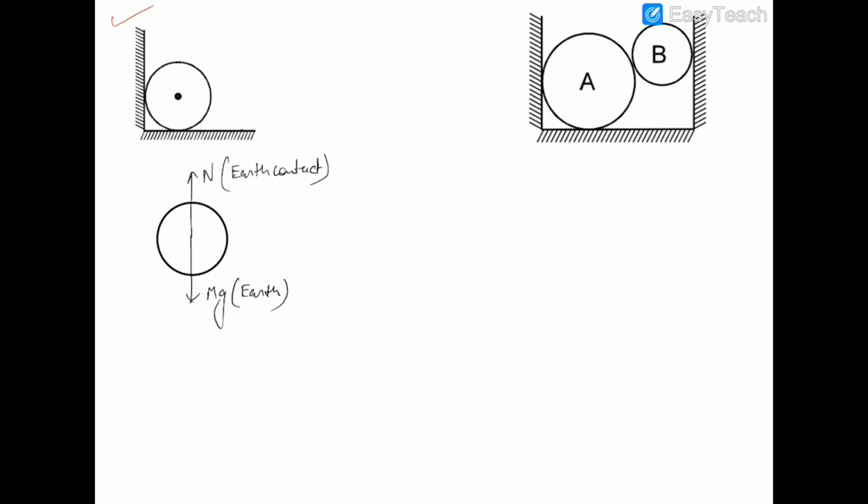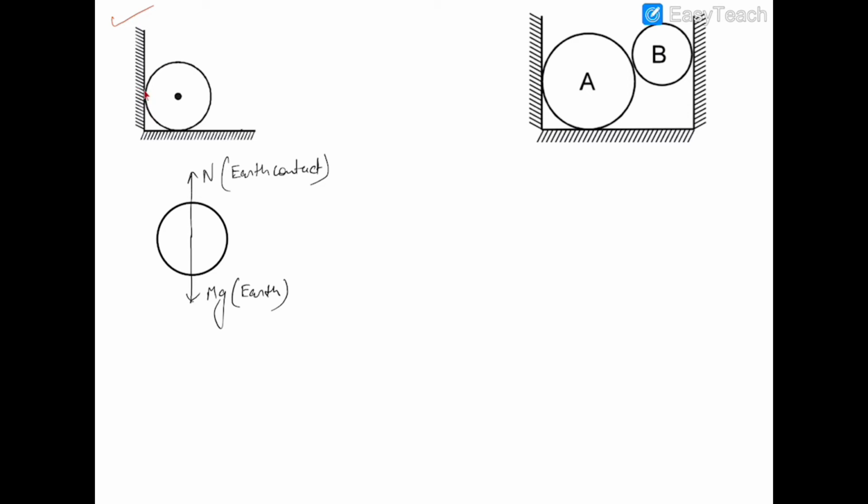the thing we can see is that this ball is not pushing this wall. There is no pushing force by the ball on the wall. So although ball and wall are in contact with each other, there will be no normal reaction acting between them.